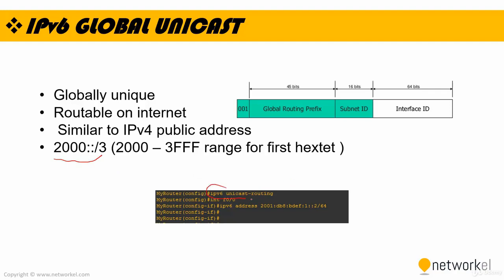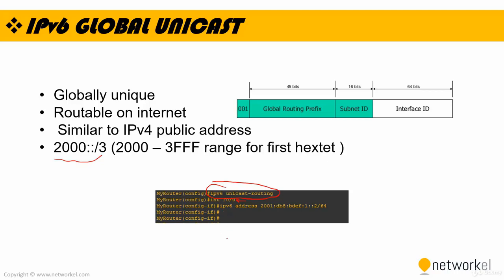Please keep in mind that if you're making an IPv6 configuration, the first thing you should do is use the ipv6 unicast-routing command and make your device ready for IPv6 routing. Then you open the interface that you want to go in with the interface command, interface fastEthernet 0/0. Then you type the IP address.